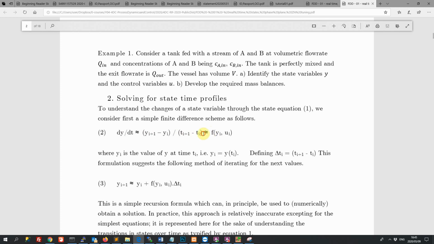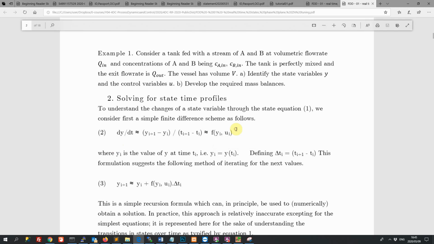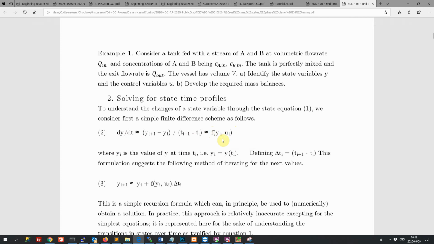And then we can say this thing is approximately the same as the function f. If we take our original ODE, dy dt is some function of y and u. In fact, this is exact: dy dt is exactly equal to f of y and u. But here it's an approximation if we don't use y and u, but yi and ui.